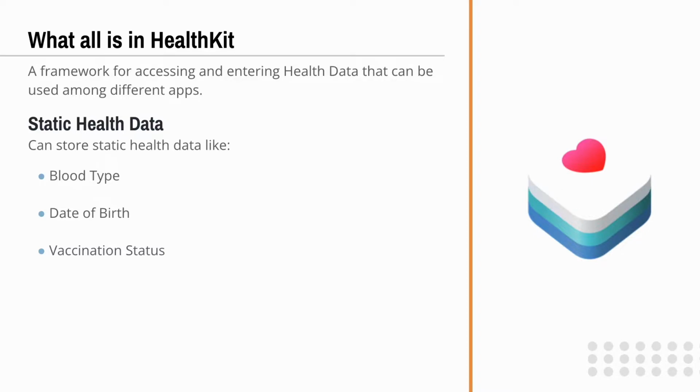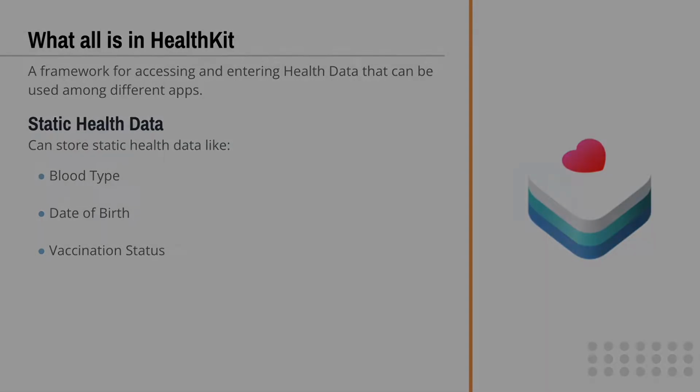That static data is really just things that won't change, obviously. You could also include things like height and weight in there, but those are still a little bit dynamic, and all of that goes into the dynamic data.